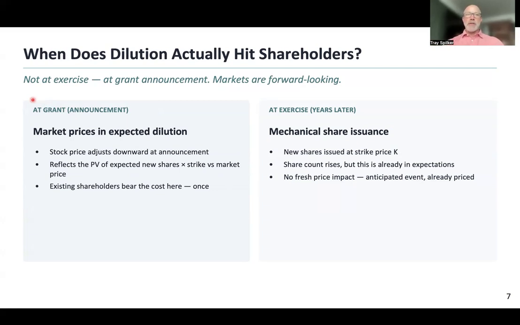That's when the market prices will incorporate the expected dilution sometime down the road. Then at exercise some years later, it's just a mechanical share issuance. The news has already been incorporated, so the share count is going to rise, but that's already an expectation. So there's going to be no additional price impact.